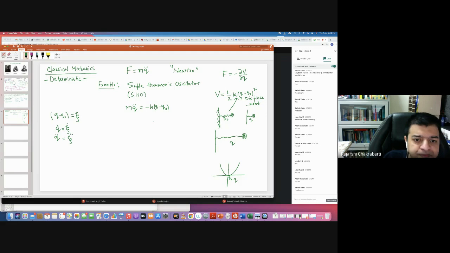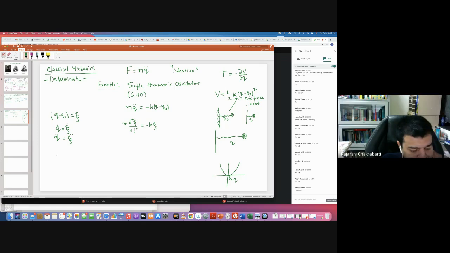Is this clear? So I can explicitly write this equation: xi double dot is nothing but minus k by m xi. This is Hooke's law. Any problem? Very simple.